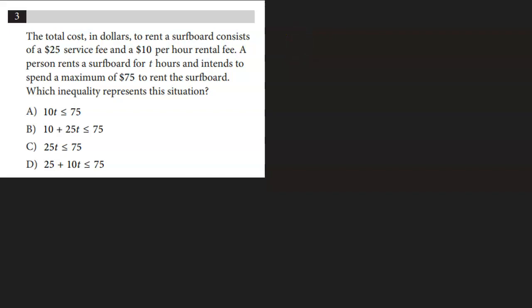Okay. So after reading this, we know the total cost of rent is going to have a $25 service fee, and that looks to be a one-time fee. This is going to cost you $10 per hour, and T is the amount of hours.